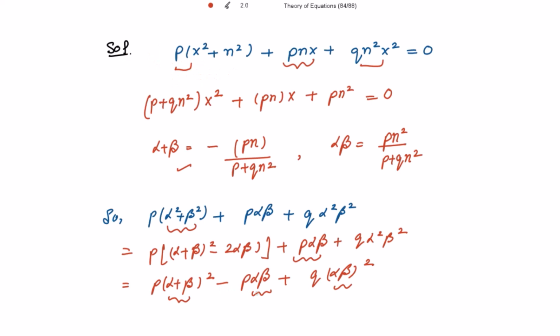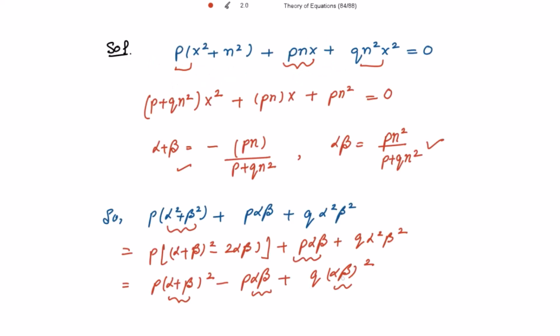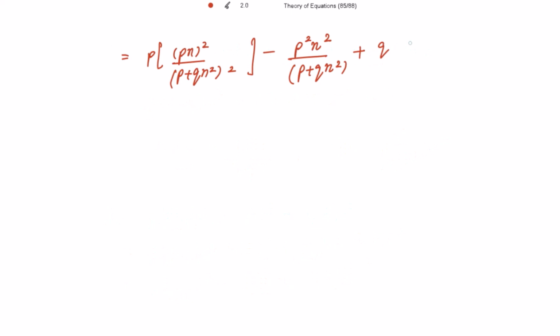And then minus p alpha beta, so minus p into p n square divided by p + q n square. Plus q into (alpha beta) whole square, so plus q into the square of this term again, that is p square n to the power 4 divided by (p + q n square) to the power 2.